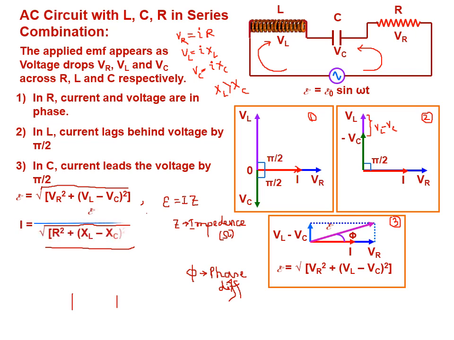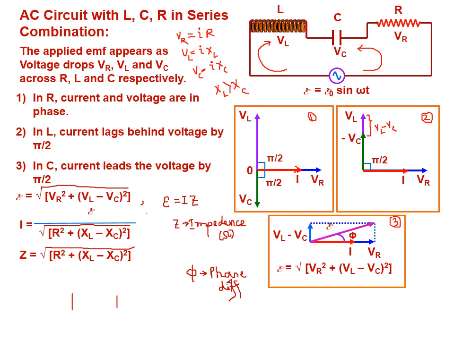We get I is equal to E by another constant. It is called impedance Z, and its value is root over R square plus XL minus XC whole square, irrespective of whether XL is greater than XC or XC is greater than XL.